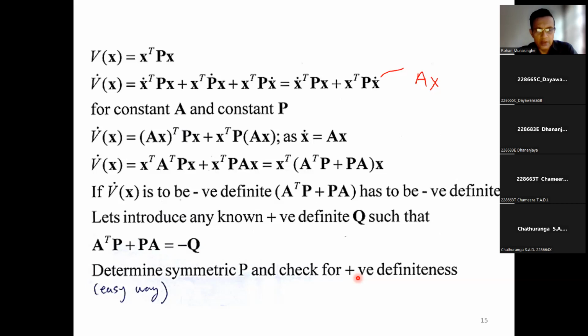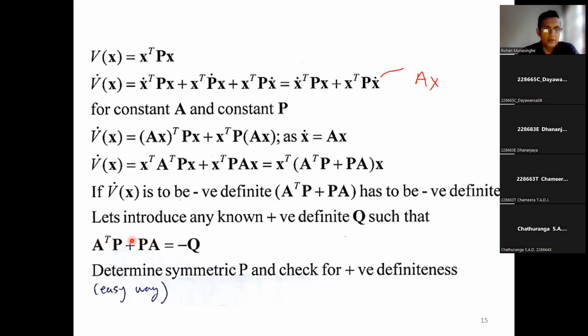Now, the number one requirement is that the expression on the left has to be negative definite. So we put positive definite Q on the right-hand side with a negative sign. If this is true, the left-hand side expression is negative definite, so the system is stable. But to do that, we have two unknowns.